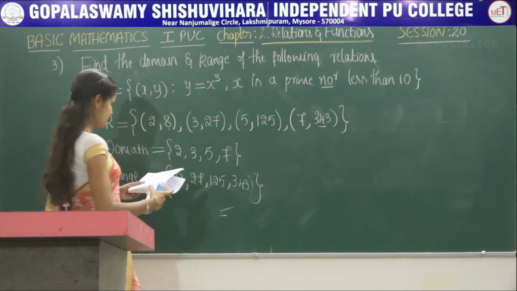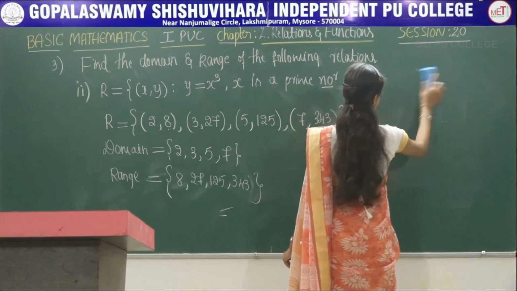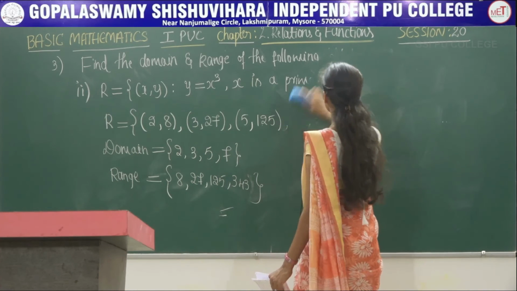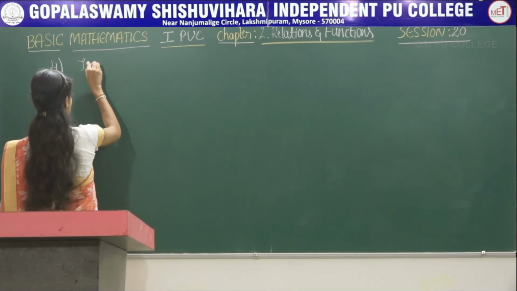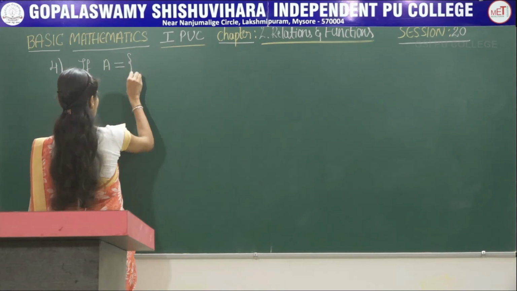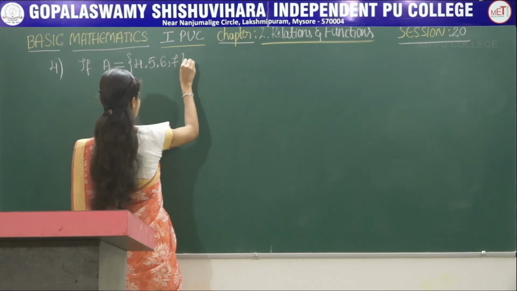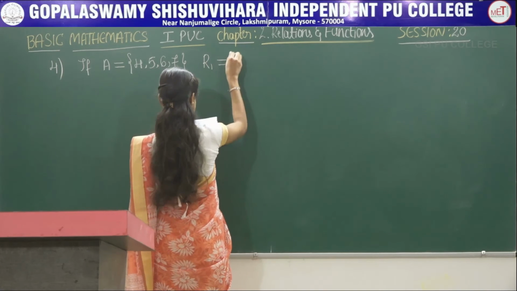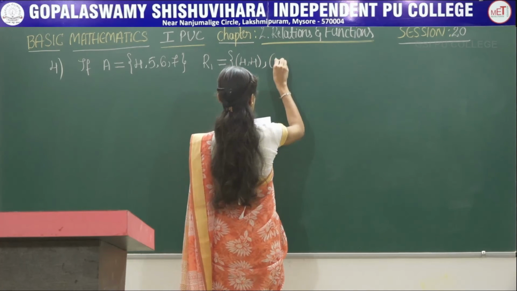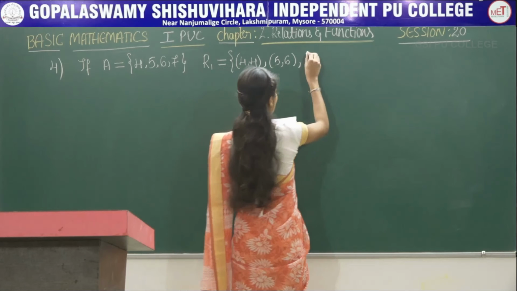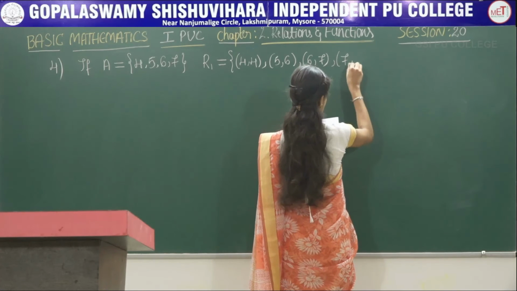Okay. Next problem, the fourth one. If A is equal to the set of all elements 4, 5, 6, 7, and R1 is equal to the ordered pairs (4, 4), (5, 6), (6, 7), (7, 7).